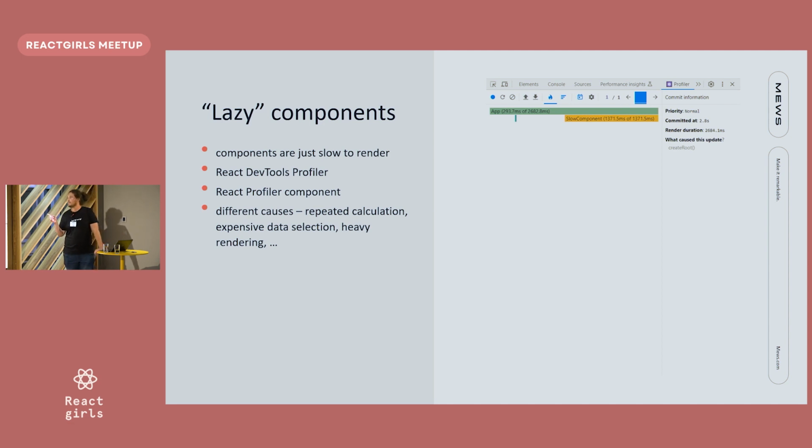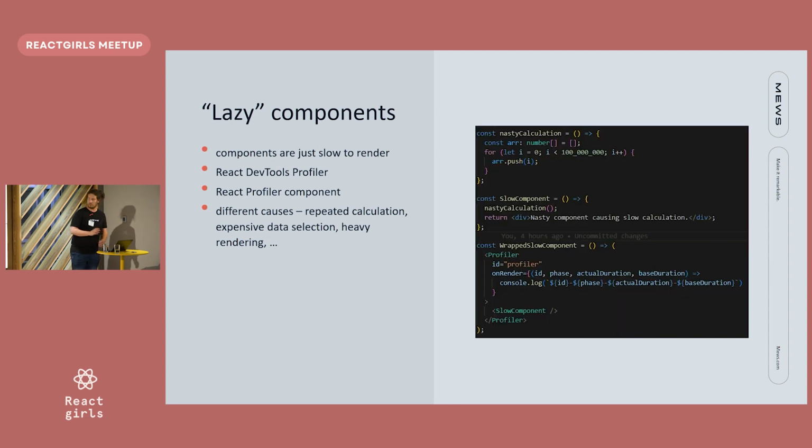But the most important thing is it will tell you how long each of the components was mounting or working. So in this specific example, we can say that the slow component was mounting for 1.4 seconds, which is just too much. We can just go to what the nasty calculation does. Let's say it was not visible in the previous performance step.